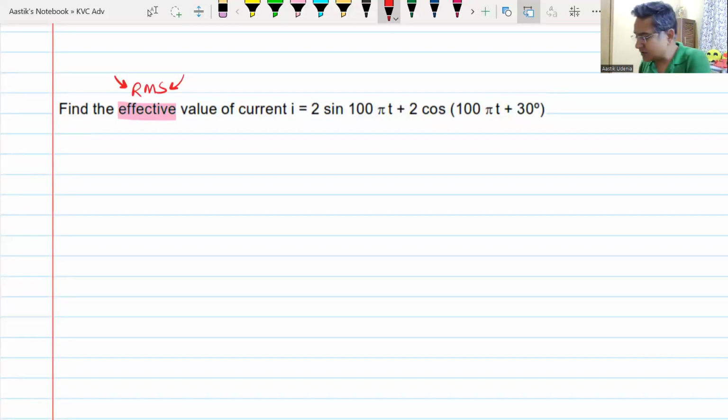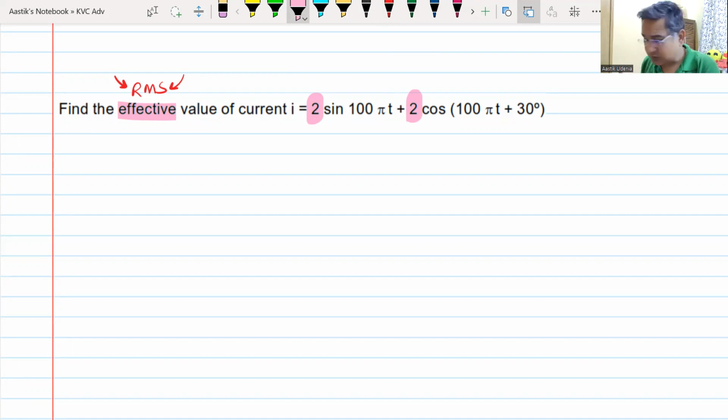Now, whenever such a question comes, you must look at what are the amplitudes of the two waves. 2 and 2. Now remember, these are just two waves. Right now they are representing current, but they are just simply two waves.